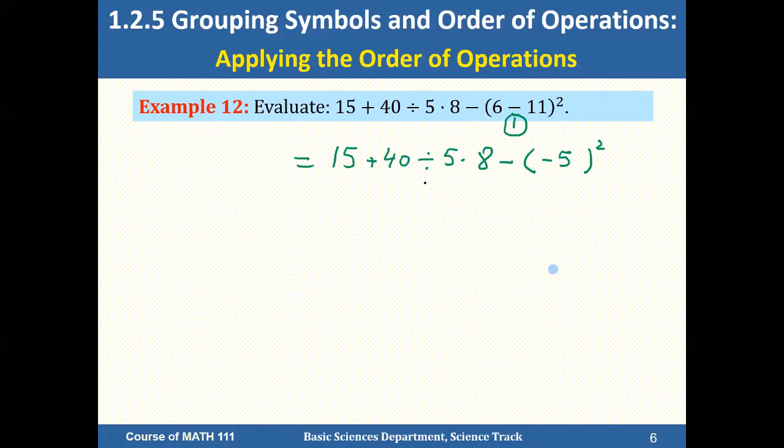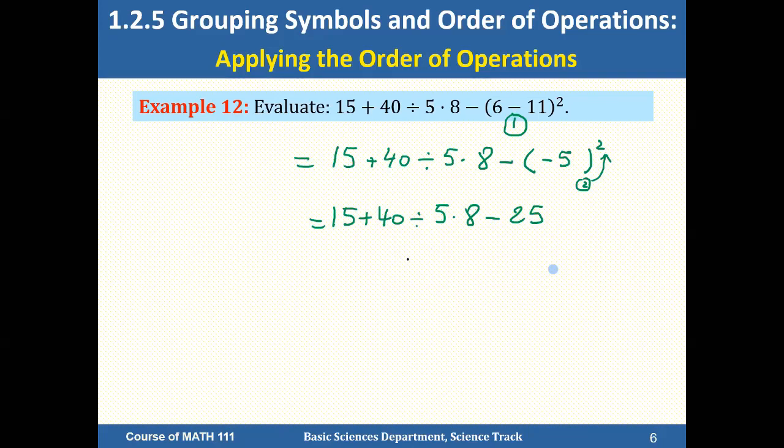Then هذه. So second step is the exponent. So هذه تنتظر دورها. Waiting. Minus 5 squared كم؟ 25. Okay, we are done with parentheses and exponent.